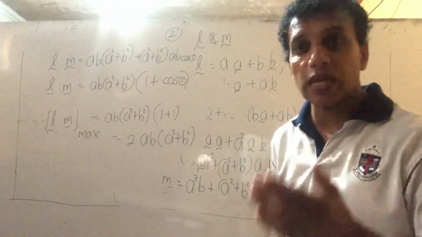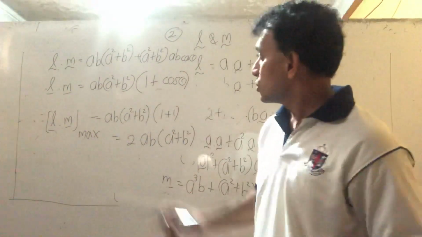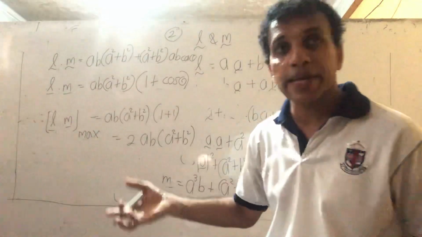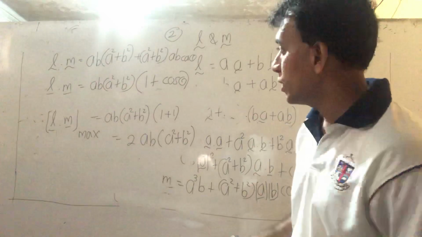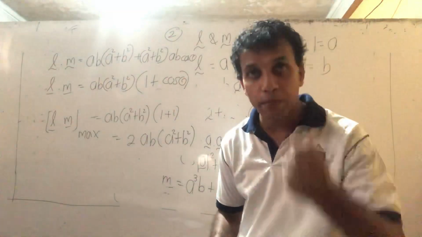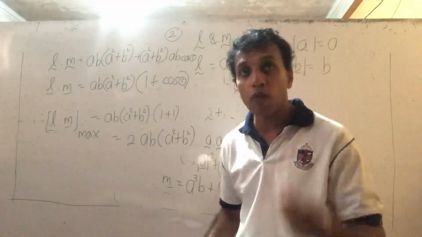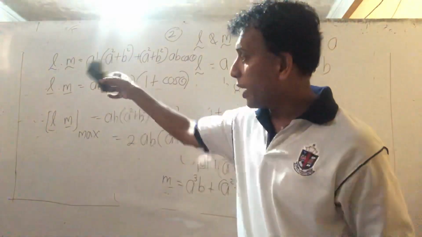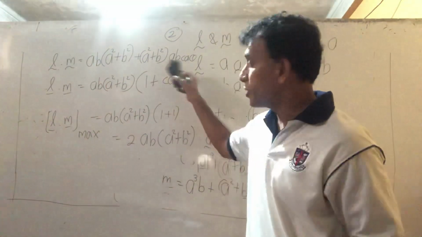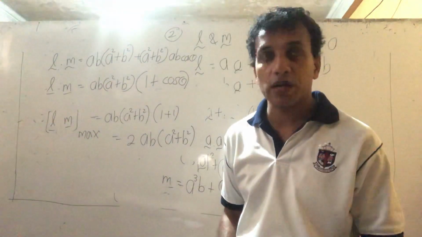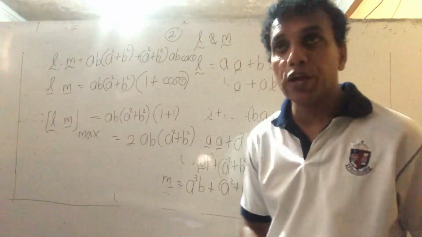Next, find the minimum value of this product, L dot M. Same method: when cos theta takes maximum, we have the answer for maximum of L dot M. Same method, when cos theta takes negative, minimum value, L dot M is minimum. So similarly you can write that answer. Cos theta minimum is -1, then write the answer for L dot M minimum.